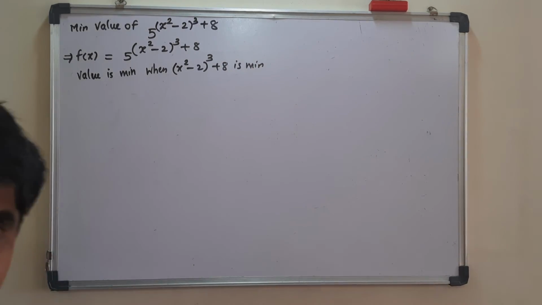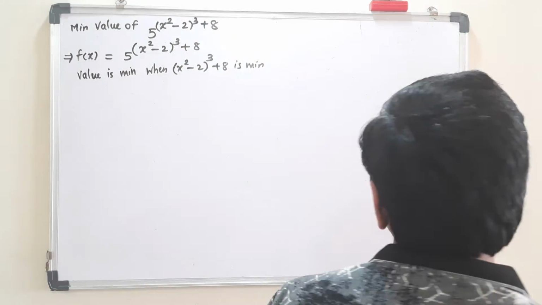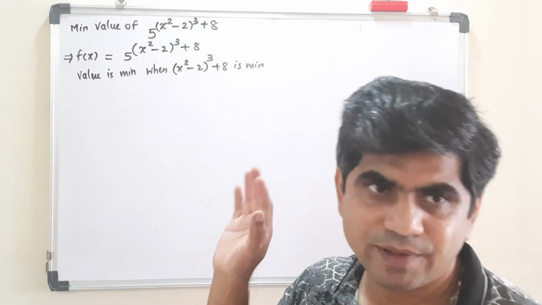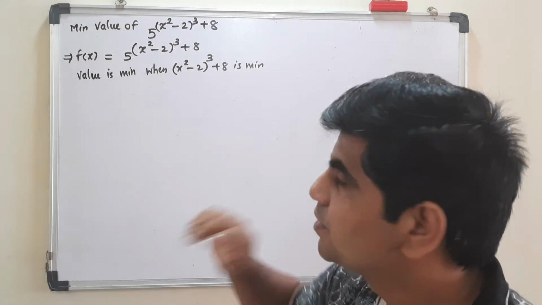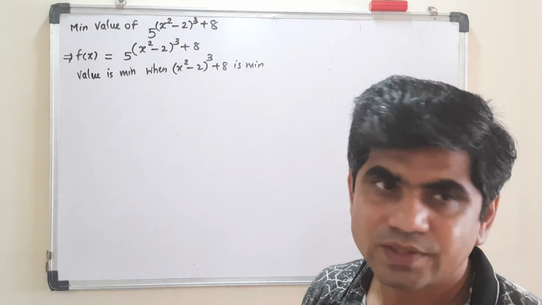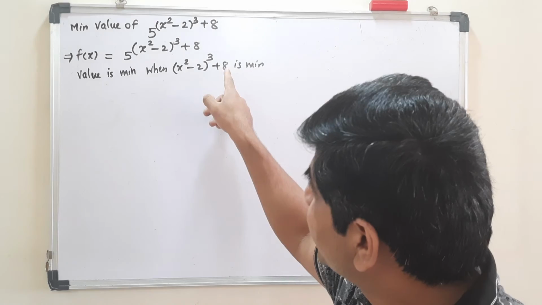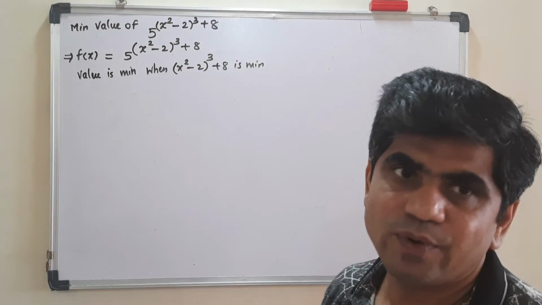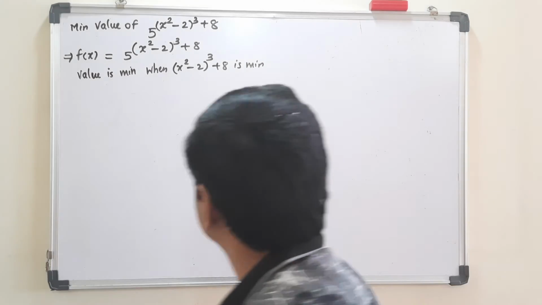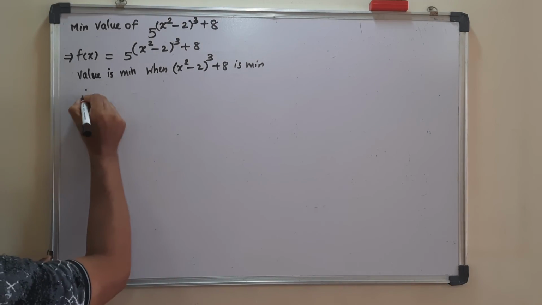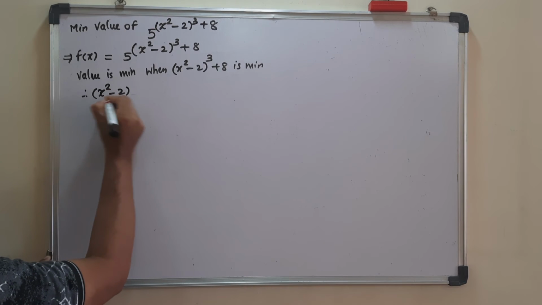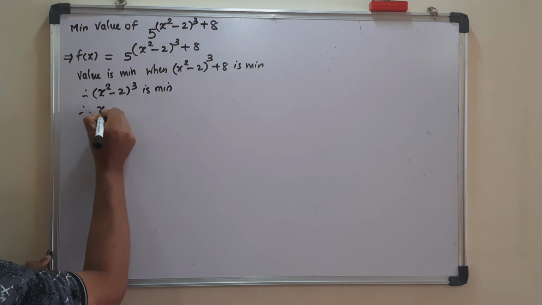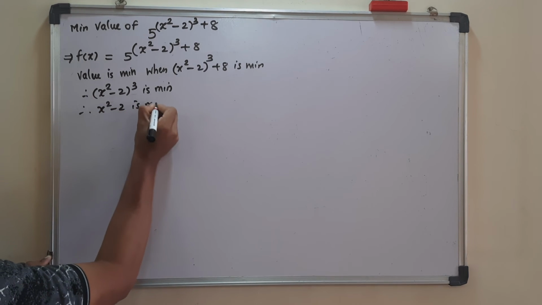Now the plus 8 is not going to become anything, it remains plus 8 only, a fixed value. But this is a variable value, so 8 plus something must be minimum, meaning this particular value must be minimum. So therefore (x square minus 2) the whole cube is minimum, indicating x square minus 2 is minimum.